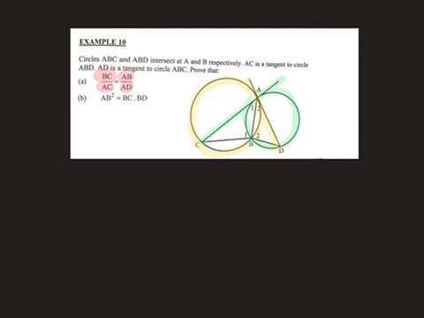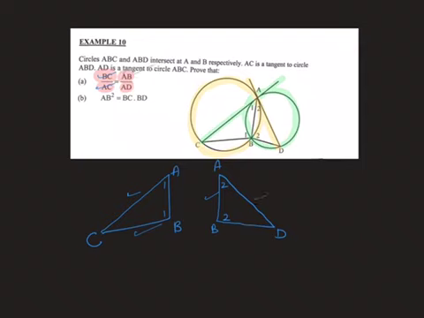So if we look at the diagram here and we pull out ABC, the triangle ABC, it traps A1, B1 and angle C. And then in the right-hand side of the picture, we get a smaller triangle ABD that traps A2, B2, and D. And the reason for that is because then I get my AC, I get my BC, I get my AB, and I get my AD.